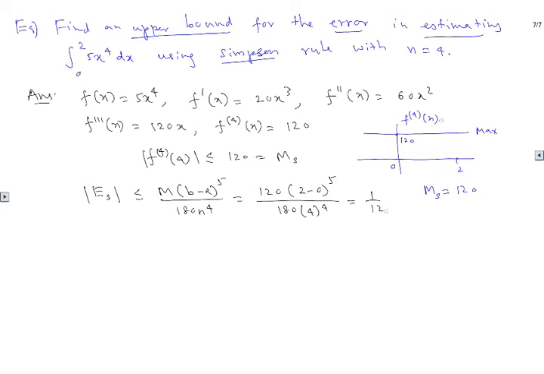So the maximum possible error is less than or equal to 1 over 12, if you just divide into 4 parts.